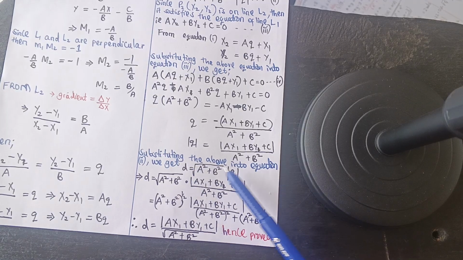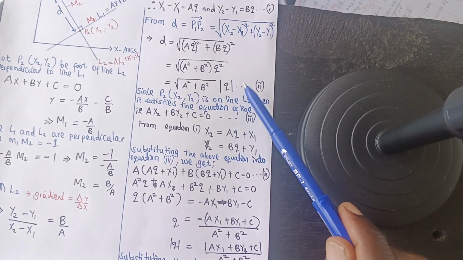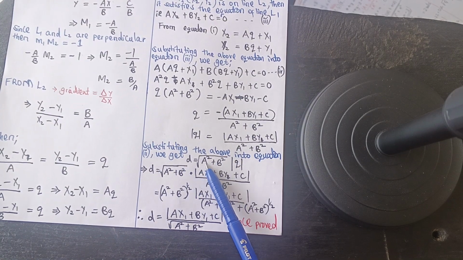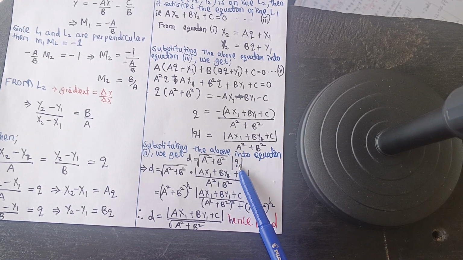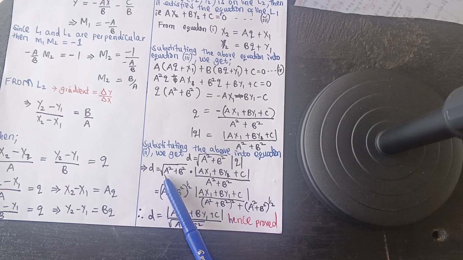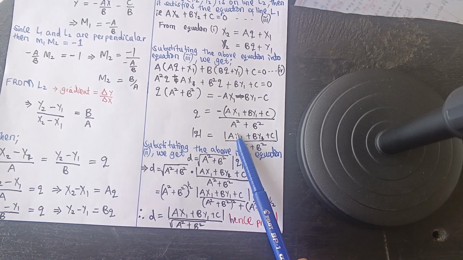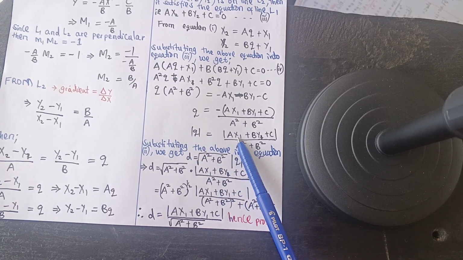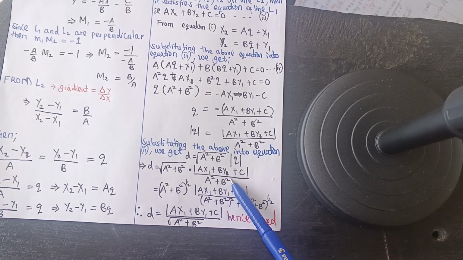Substituting the above into equation 2. So we're going to substitute it into equation 2. This is equation 2. So d is equal to the square root of a squared plus b squared multiplied by the modulus of q. So d is going to be the square root of a squared plus b squared, then the modulus of q is ax1 plus by1 plus c divided by a squared plus b squared.